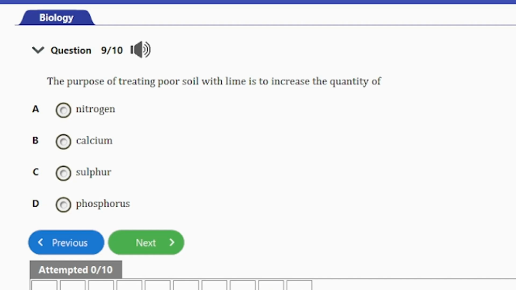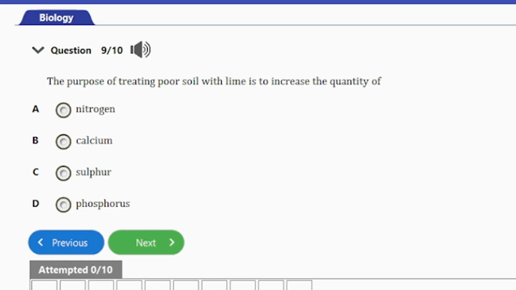So let's consider the next question, question number 9 here. The purpose of treating poor soil with lime is to increase the quantity of: A. Nitrogen, B. Calcium, C. Sulfur, D. Phosphorus. So guys, the answer to this question is option B, that's calcium. Lime is actually calcium carbonate, and we use lime to treat the soil to increase the quantity of calcium in the soil.